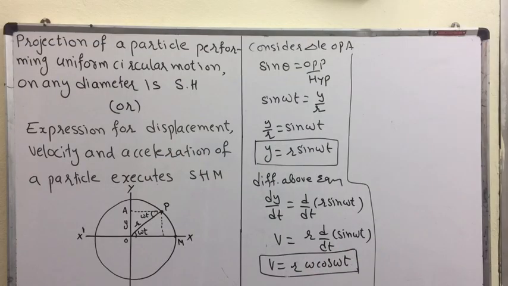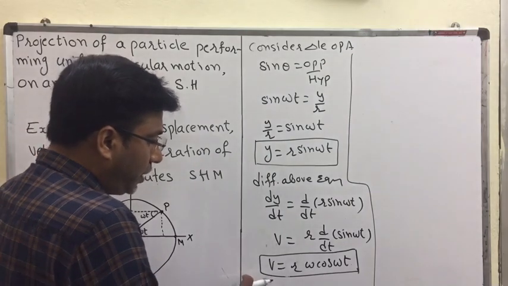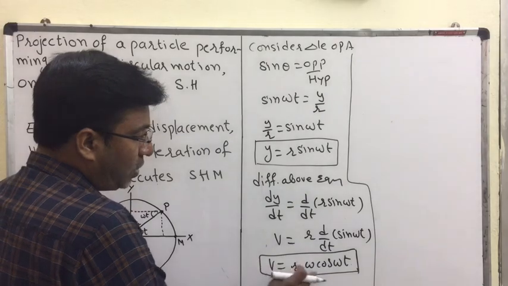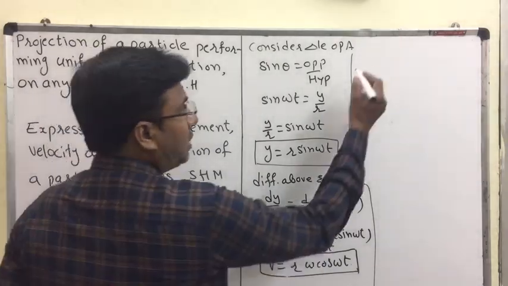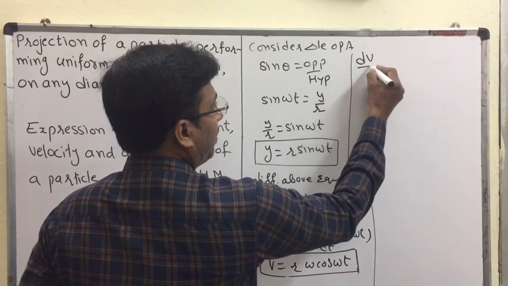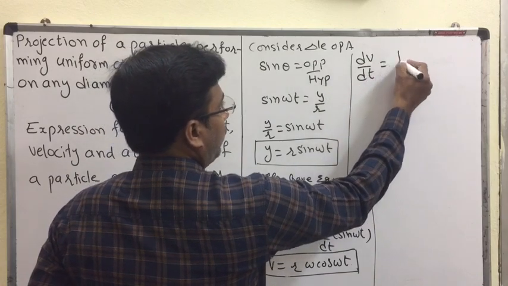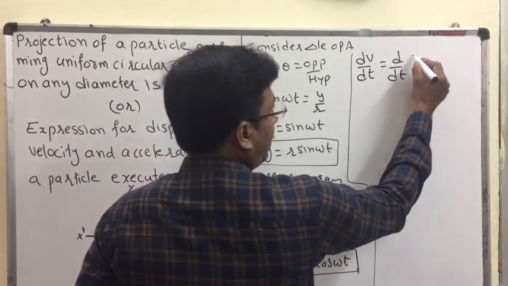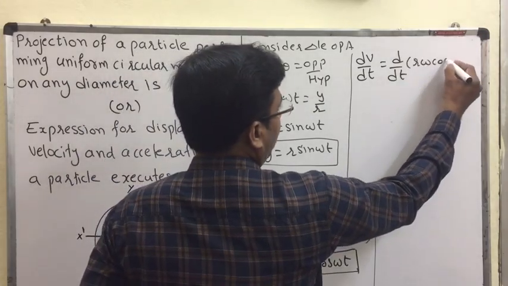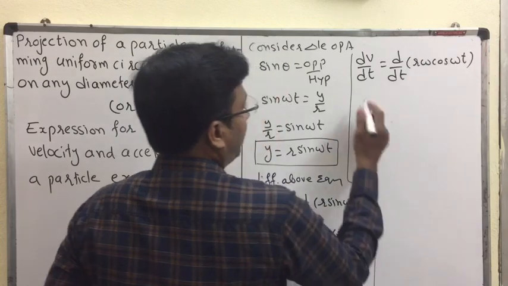Now we have to find acceleration of the particle. To find acceleration, we have to differentiate the equation v equal to r omega cos omega t. So differentiating v, dv by dt is equal to d by dt of r omega cos omega t.